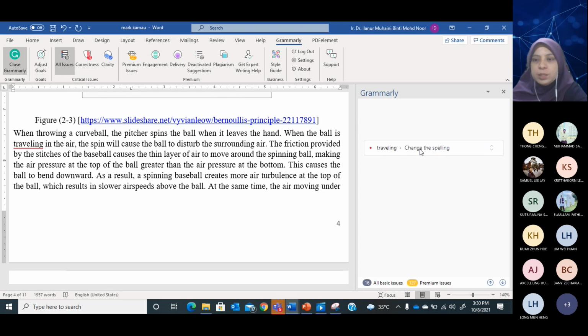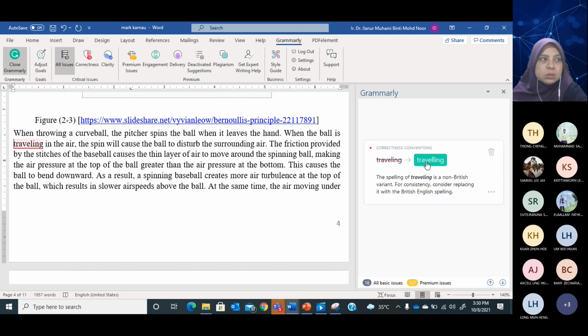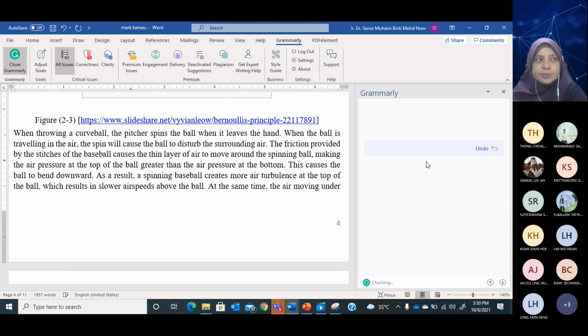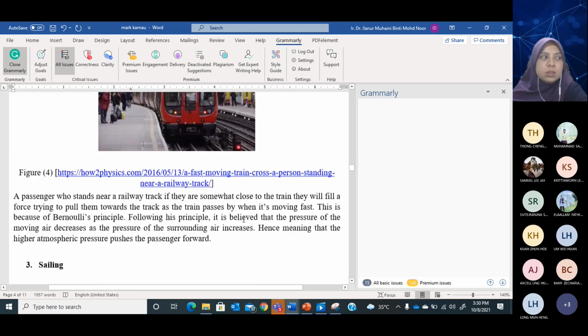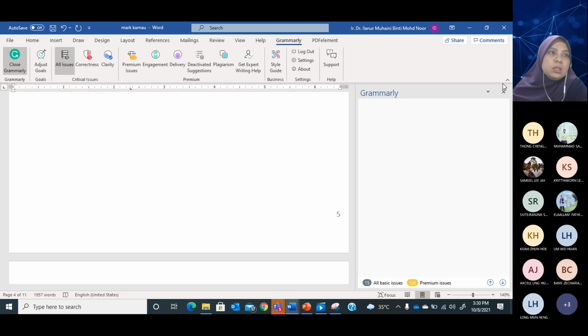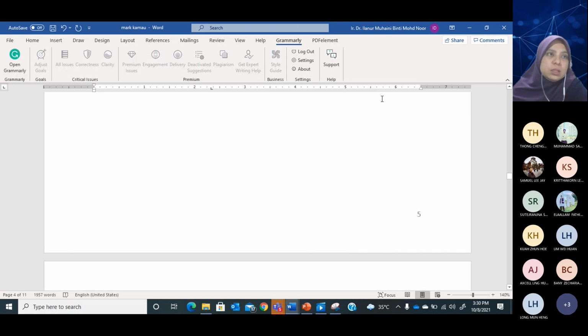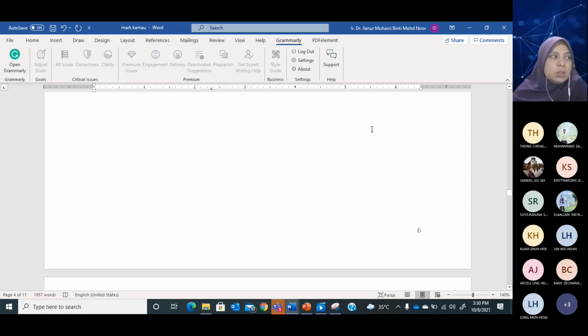Here also wrong spelling. Use Grammarly, it can change spelling, it can change grammar. See, there are two L's. Okay, so settle all this by using Grammarly.